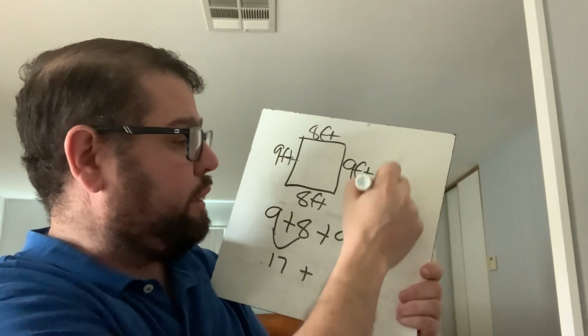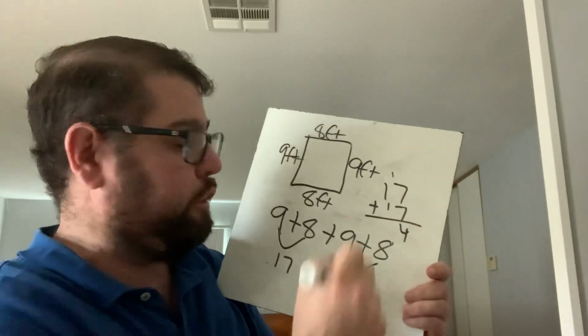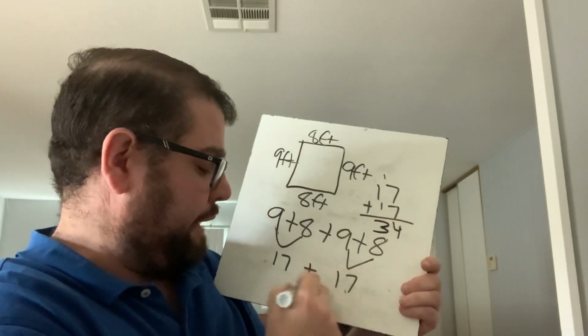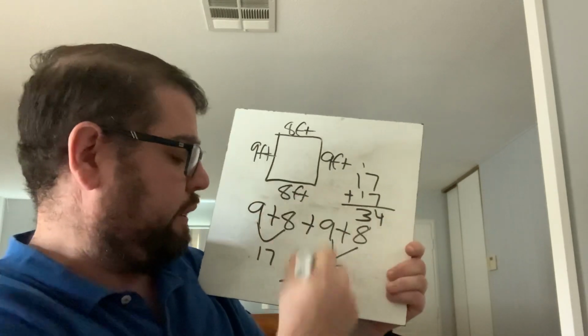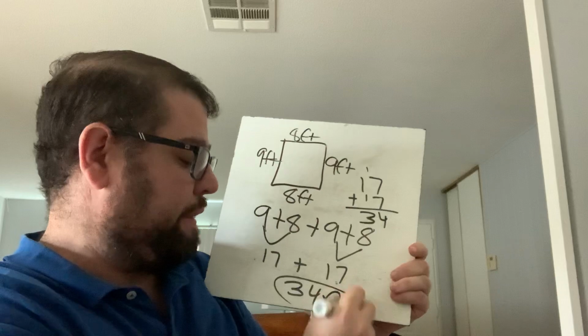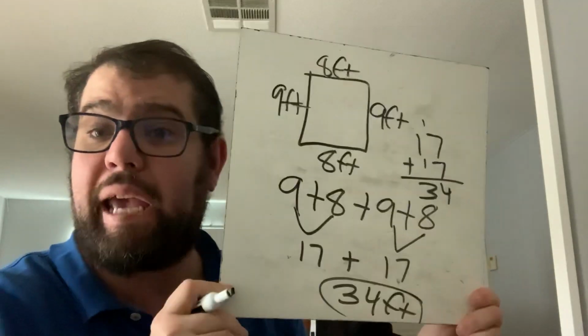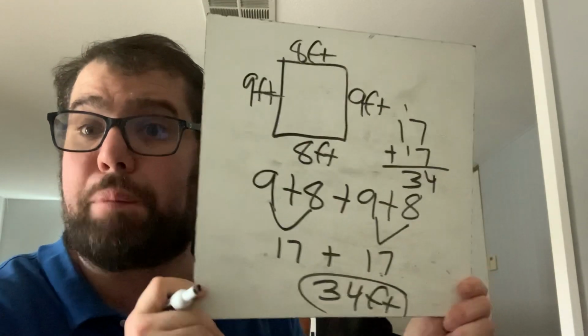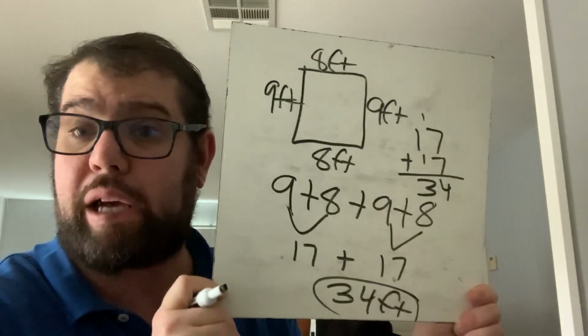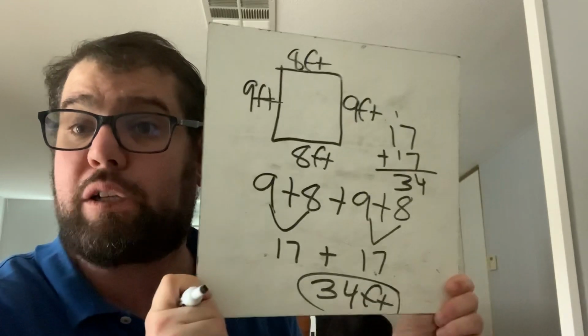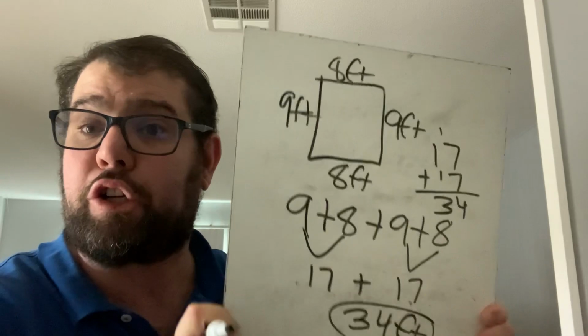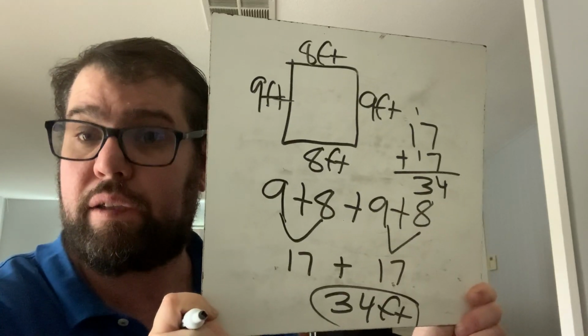Carry the 1. 1 plus 1 is 2, plus 1 is 3. So the answer would be 34 feet. That is the key thing. Make sure you are labeling it. If you were to just write 34, it will not be correct. It needs to be 34 feet. You have to label. Okay.